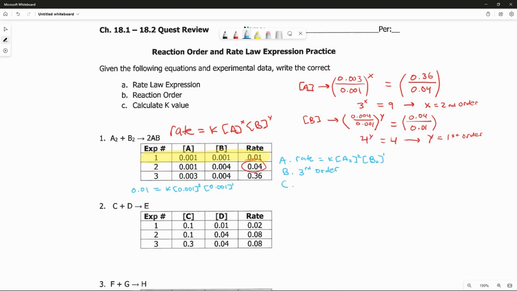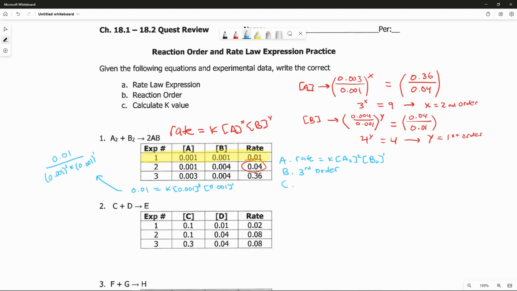So all you're doing basically is taking 0.01 divided by 0.001 squared times 0.001 to the first power. That is basically all you are doing.